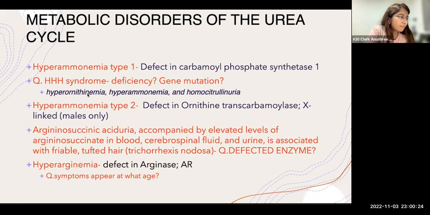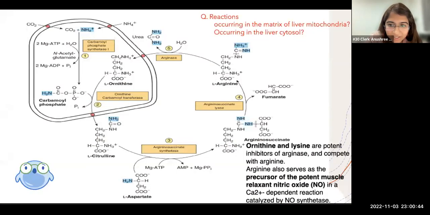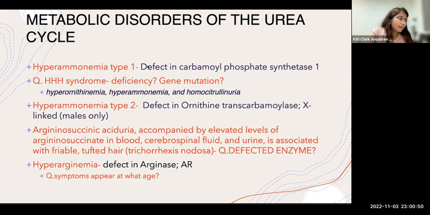So, moving on to the main part, I want to explain why there is hyperornithemia, that means increased ornithine in the blood, hyperammonemia, and homocitrullinuria. So sorry. So I told you this thing over here, right, about lysine. So why are these three things happening?